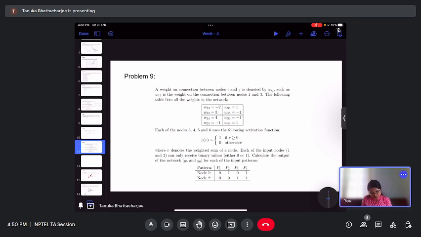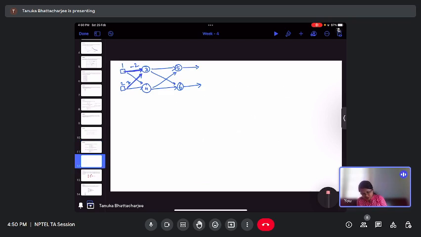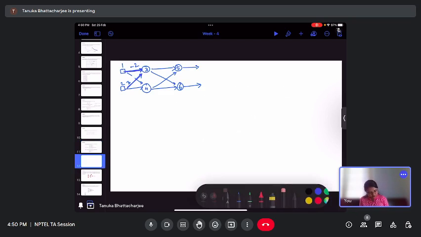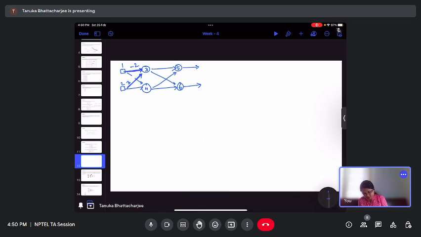Now 1, 4 is 4, and 2, 4 is minus 1. 2, 4 is the weight joining node 2 to node 4.